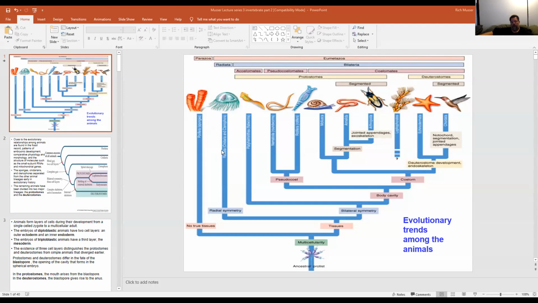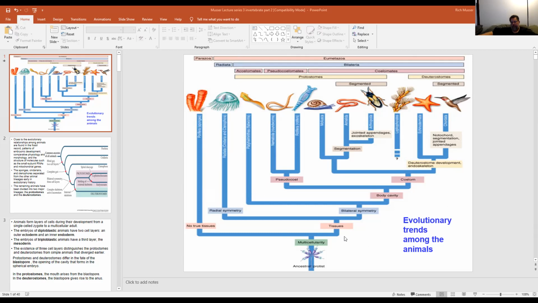So our first true animal, even though they're all animals, true animals in the layperson's sense, the jellyfish were radiated in their symmetry. So they gained some symmetry that wasn't seen in the sponges. And now we're going to be moving into this next group of animals.